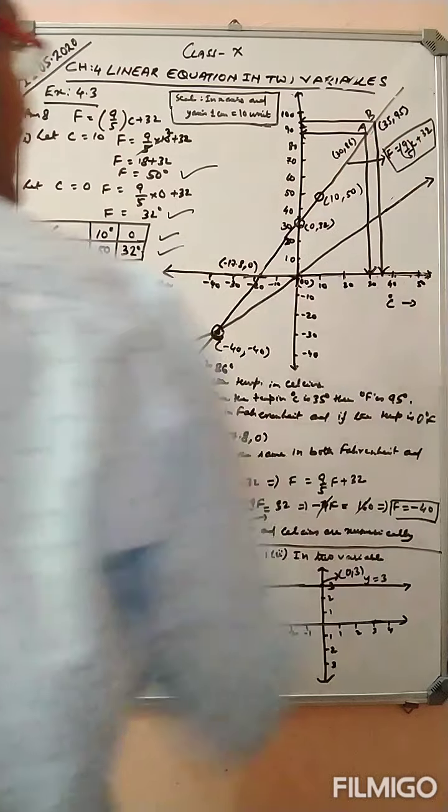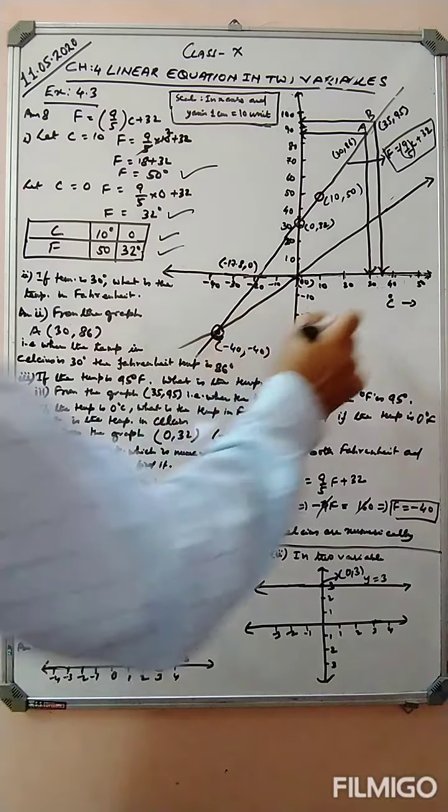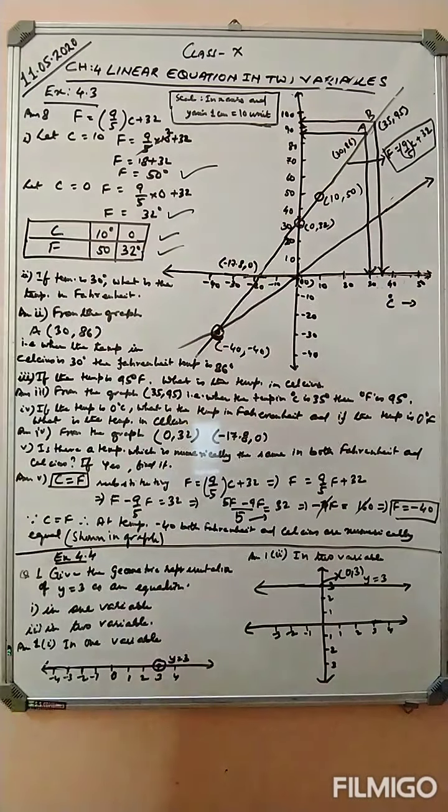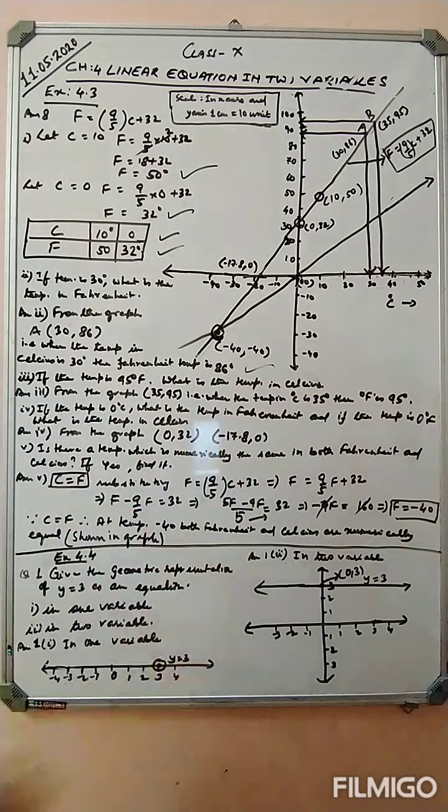Where it meets, that is the temperature in Fahrenheit. It will meet at 86. So from the graph, where the temperature in Celsius is 30, the Fahrenheit temperature is 86.